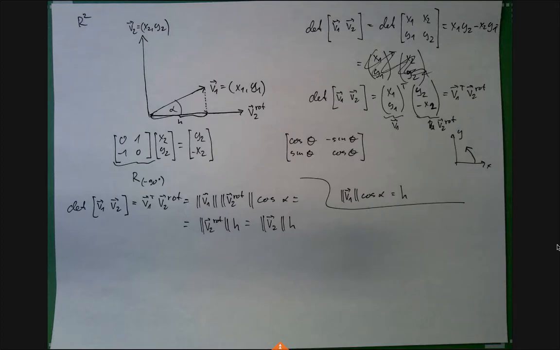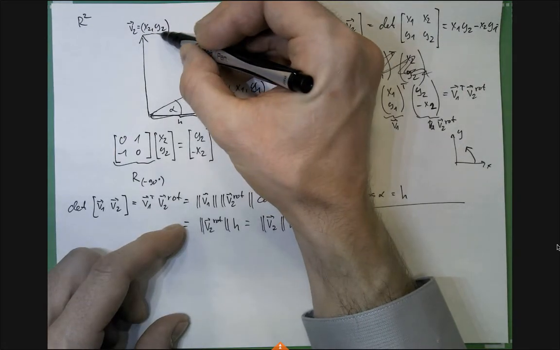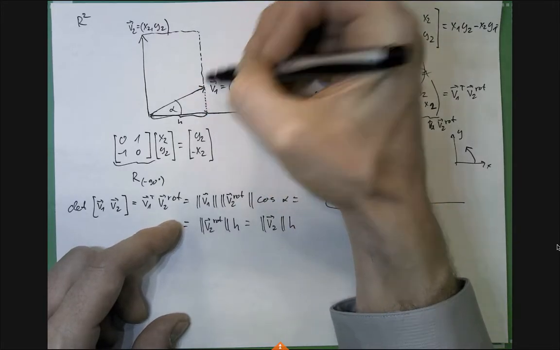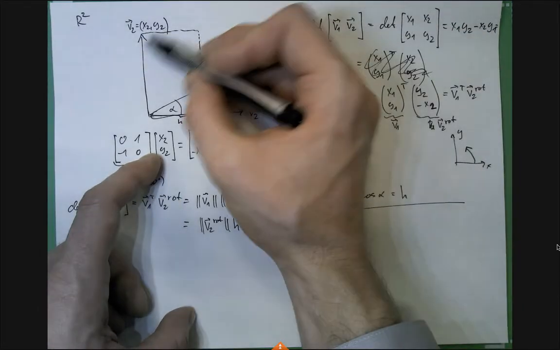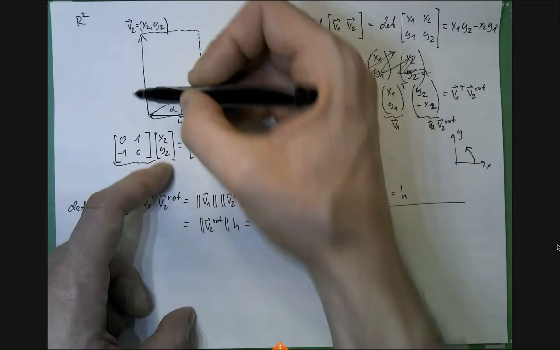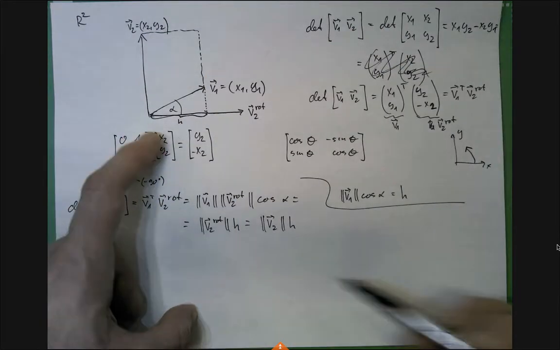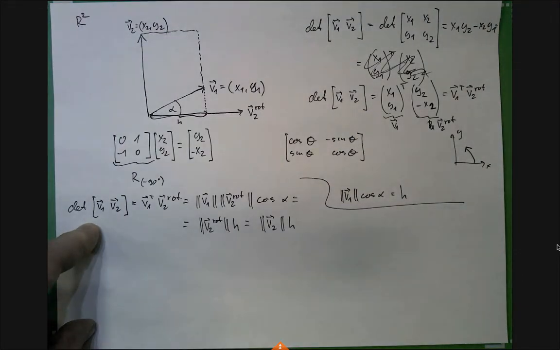The area of something, right? Ultimately it will be a parallelogram. That's what I'm trying to get to, right? But first you can notice it's the area of this rectangle. This rectangle here, this is the length of V2, and this is h. So this determinant is actually equal to the area of this rectangle, okay? And from here you can get to the parallelogram.